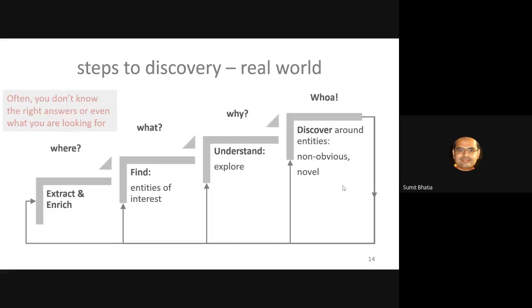Because if you know the answer you're looking for, let's say, Steve Jobs, if you know this information exists, you will figure out some way or the other. But what's the unexpected information that you should look for, that would surprise you, that would excite you? I'll explain it later with the help of examples. It will make more sense.